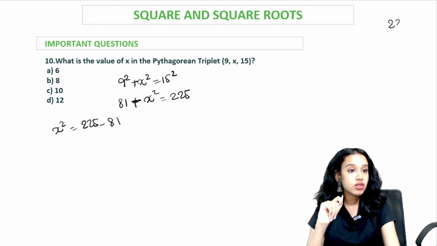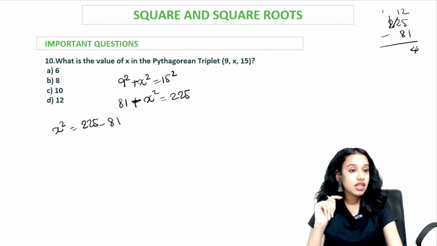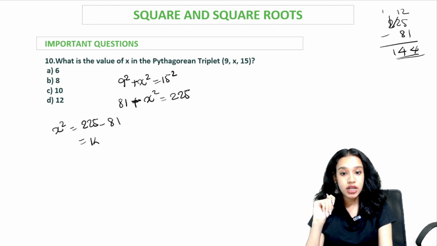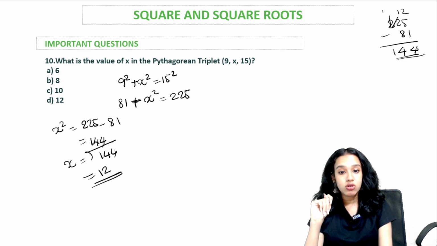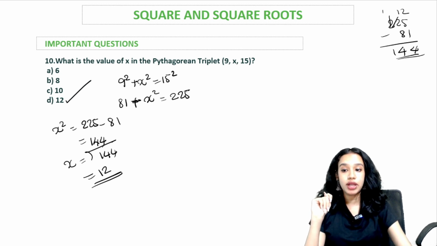So we have 225 minus 81, which is 144, and x is equal to root of 144, which is equal to 12. So the answer for this question becomes 12.